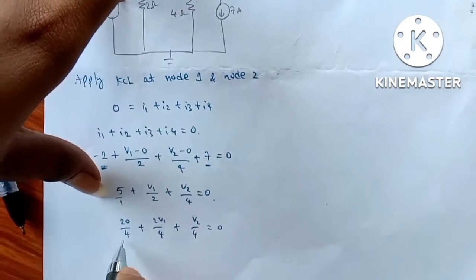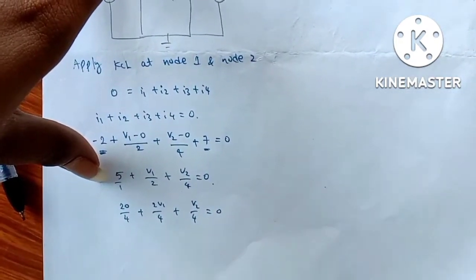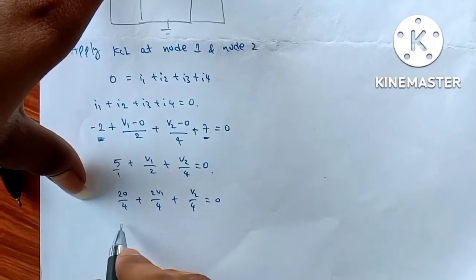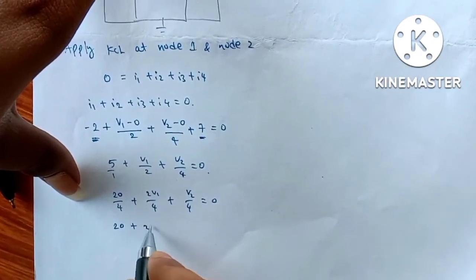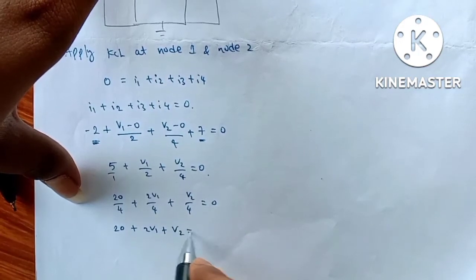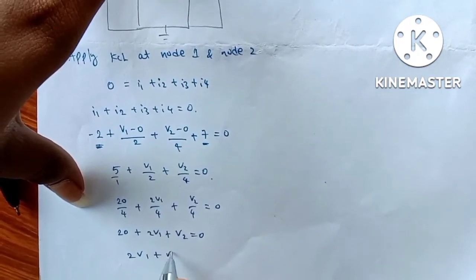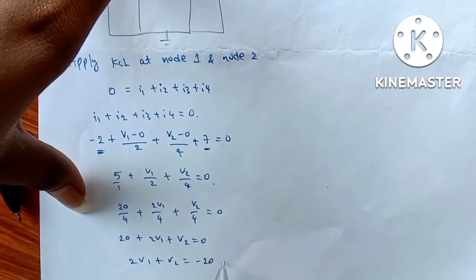Taking 4 as common and sending it to the other side, the 4 gets cancelled. Now we are left with 20 plus 2V1 plus V2 equals 0. If we rewrite, we get 2V1 plus V2 equals minus 20.